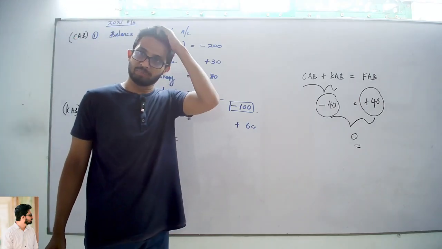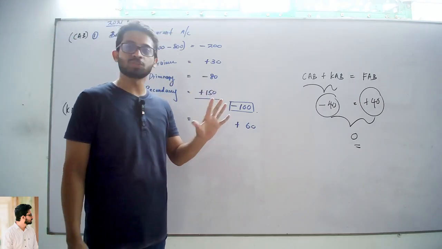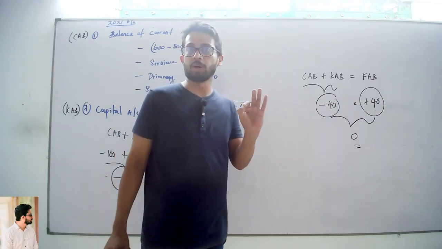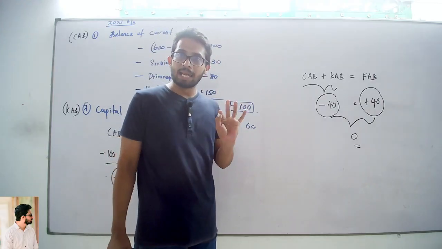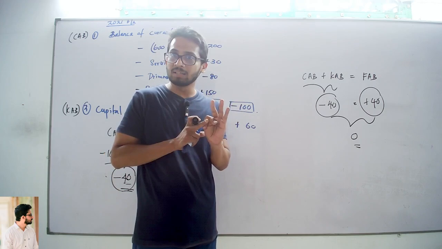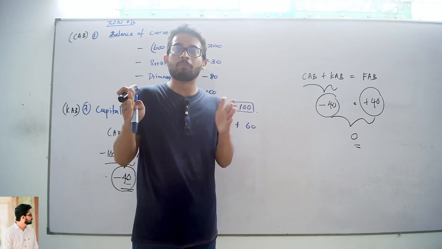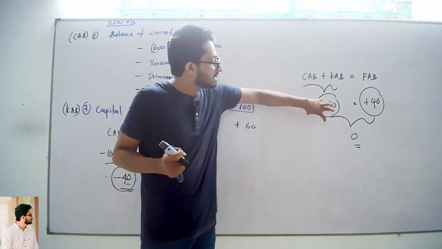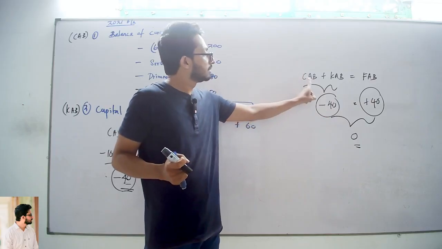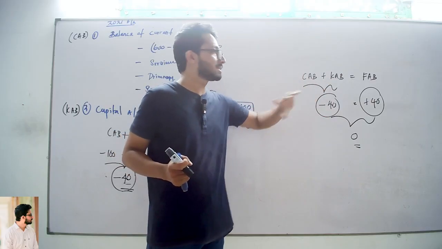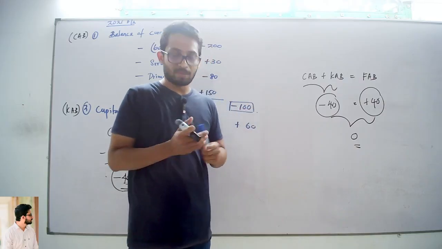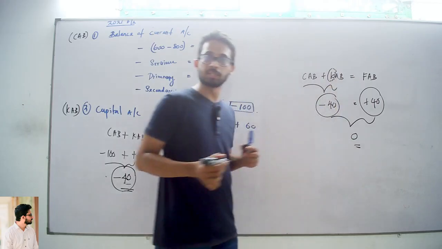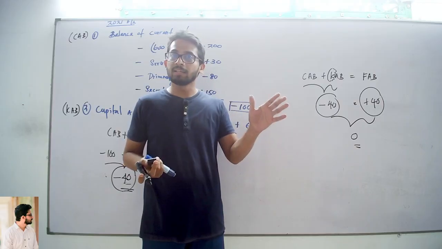Let me explain this point also. Give me 5 minutes. This is a really important point. The balance of the capital and current account is a really important component in the balance of payments. By looking at this value, the CAB plus KAB, because normally K is the abbreviation to indicate capital.